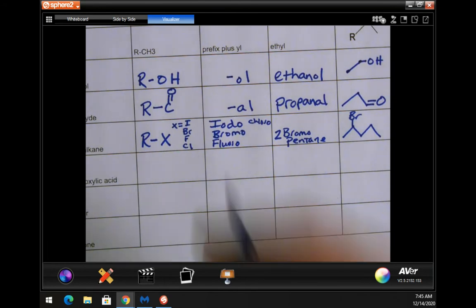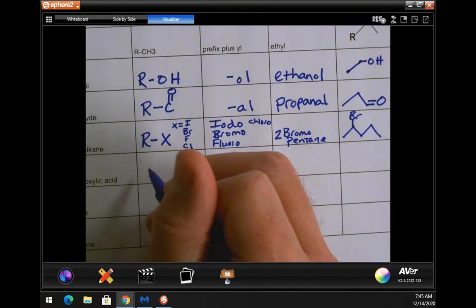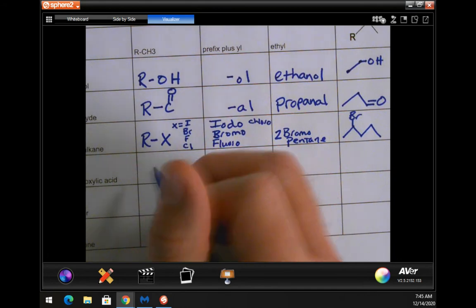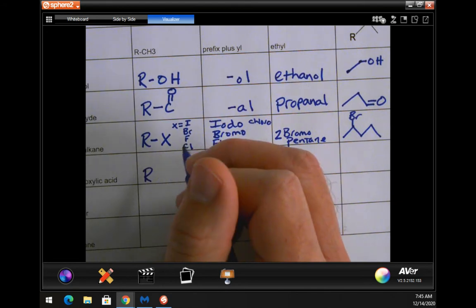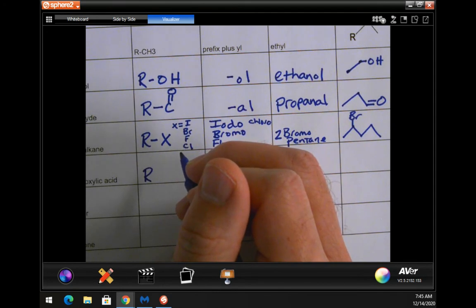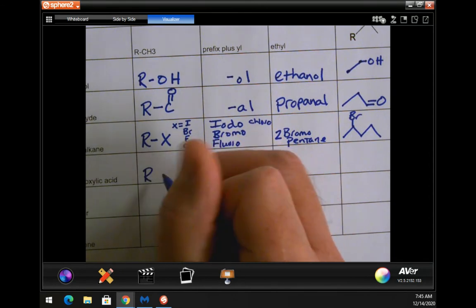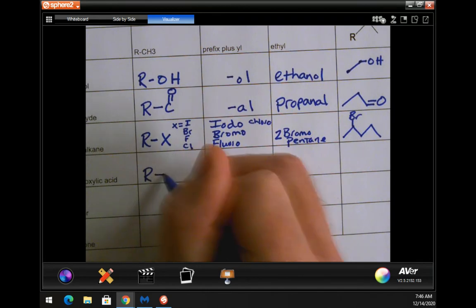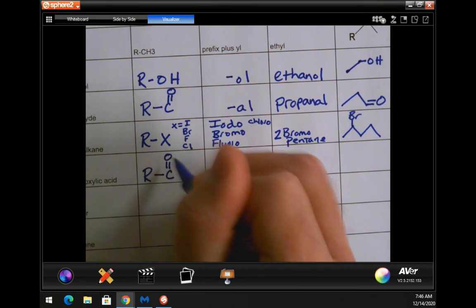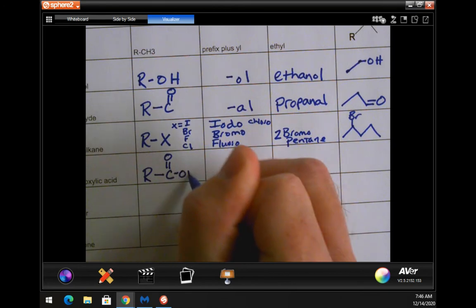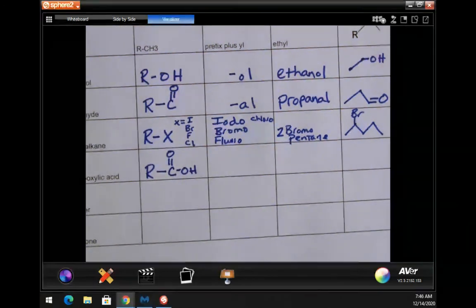All right, so then the carboxylic acid. It's like the R, and since it's got an alcohol and a ketone on it, it's got both of them. You'll just put the C with a double bonded O here, and then an OH like that.